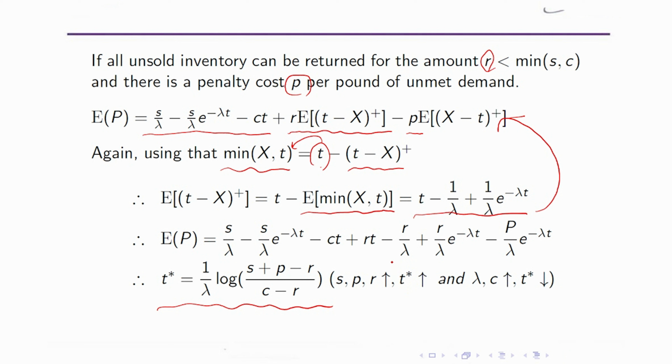And similarly, if R increases, T, the order quantity, also increases. Why is that? Because R is the price that you can get back for the unsold inventory. So if this R is large, then you are not afraid of ordering more commodity, right? So T will increase too.